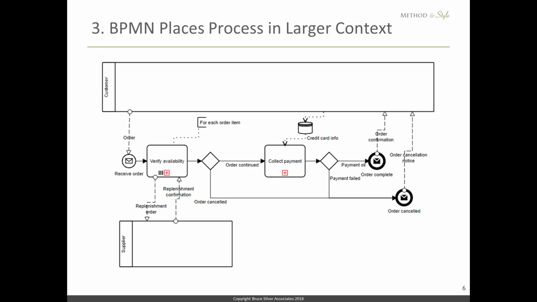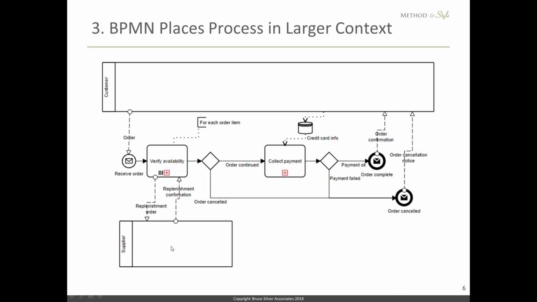The third difference from flowcharting is BPMN allows you to place a particular business process that you're modeling in a larger context, an enterprise context, or even inter-enterprise context by showing entities outside the process, such as the customer, or other processes in your company, as these rectangles called black box pools. So they're represented abstractly.